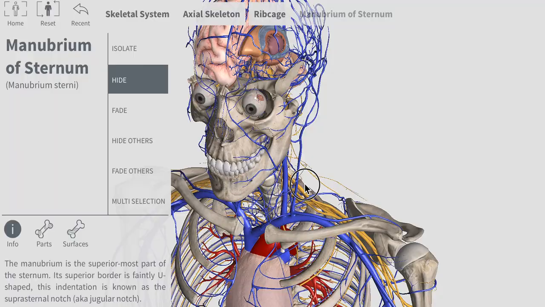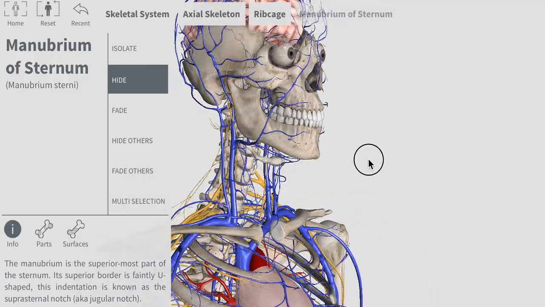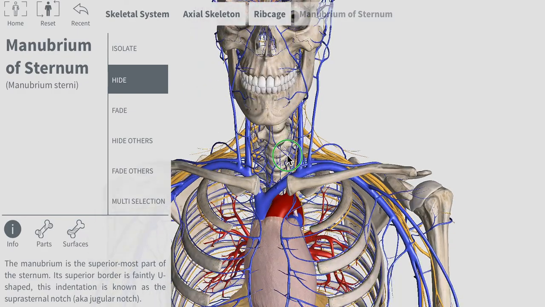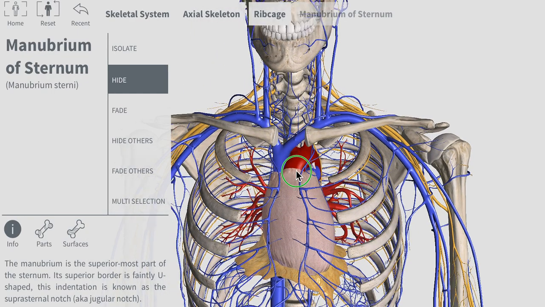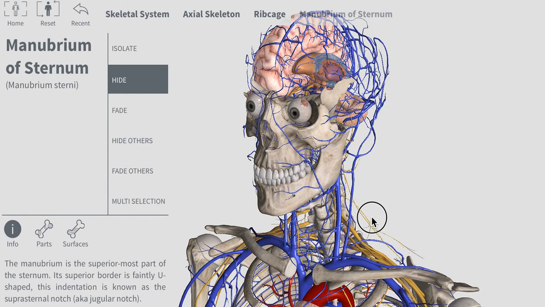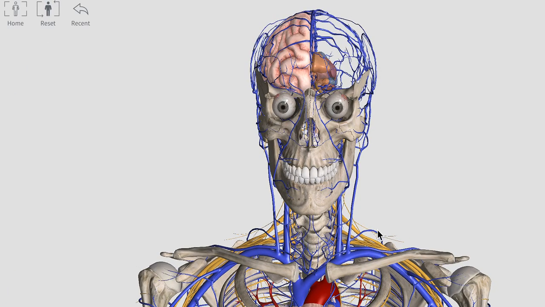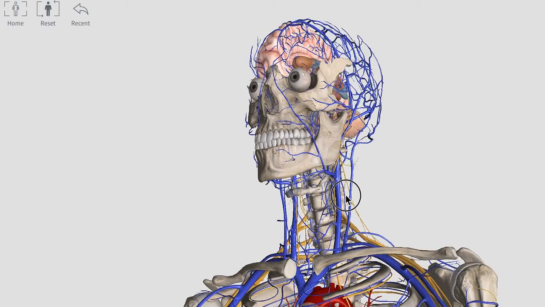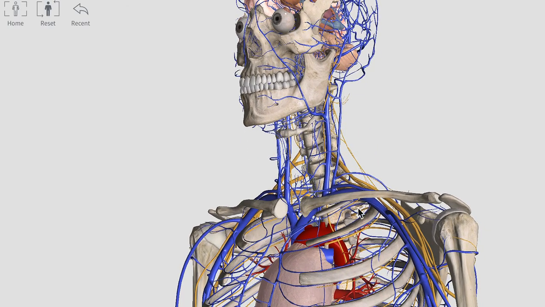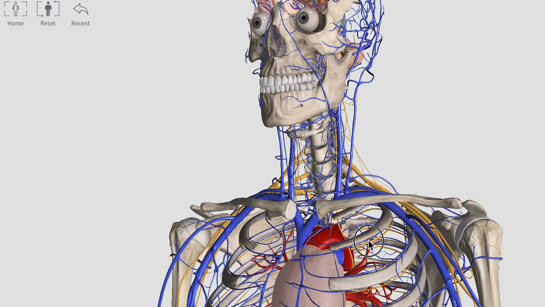Now, all of the venous structures would drain eventually into the superior or inferior vena cava. Sorry, I got a bit confused there.